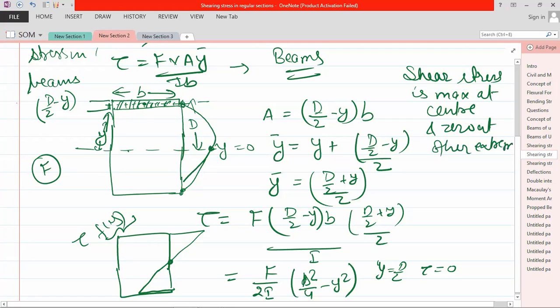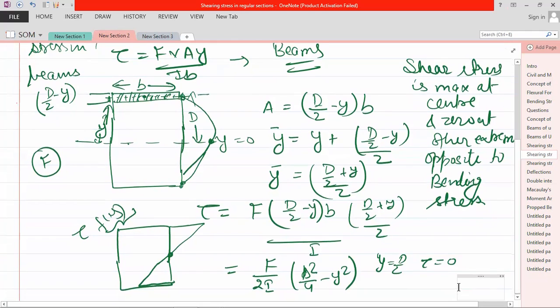That is opposite to bending stress. Okay, that is opposite to bending stress. So, this is for the rectangular sections.